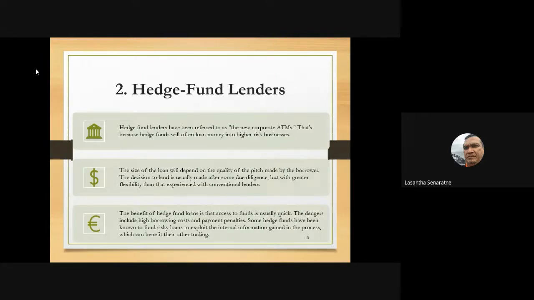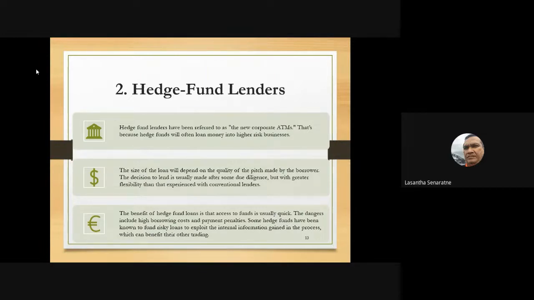The benefit of hedge fund loans is that the access to funds is usually quick. The dangers include high borrowing cost and payment penalties. Some hedge funds have been known to fund risky loans to exploit the international information gained in the process, which can benefit their other trading.